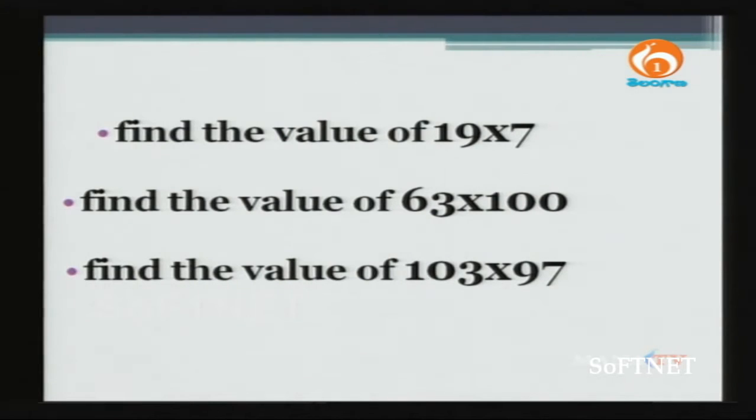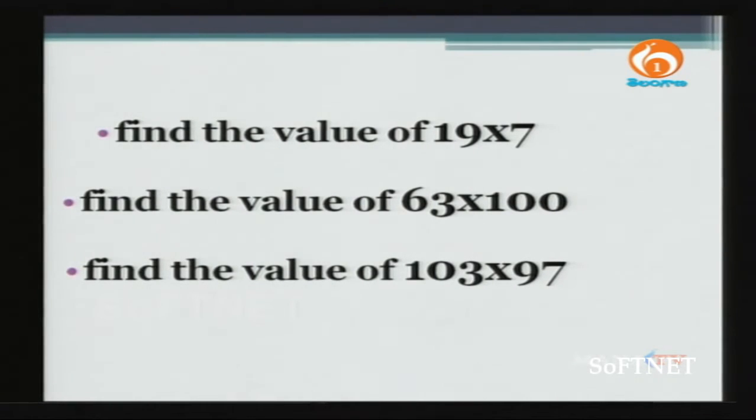When any number is multiplied by multiples of 10, for example, multiplied by 10, the number is followed by 0. When multiplied by 100, it ends with 2 zeros. When multiplied by 1000, it ends with 3 zeros. So, 63 multiplied by 100 is 63 with 2 zeros, which is simply 6300.